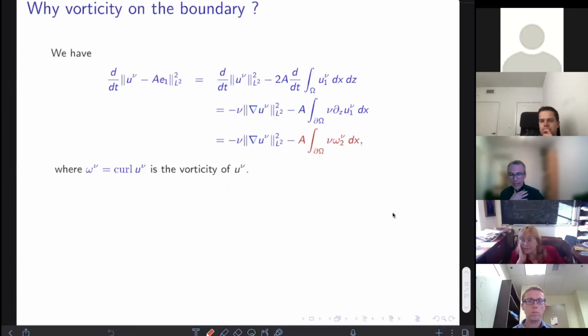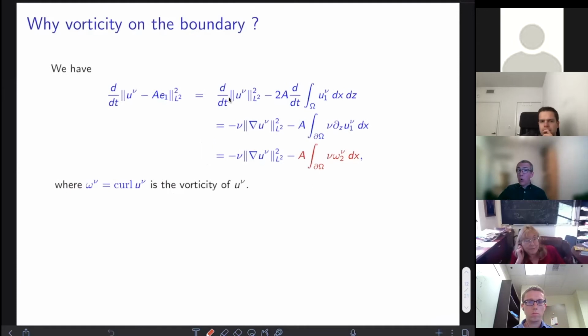So again, most people here know about this, but let me remind you why the vorticity is important for this kind of problem. It is very simple: if you want to look at the evolution of the energy of the layer separation, right?